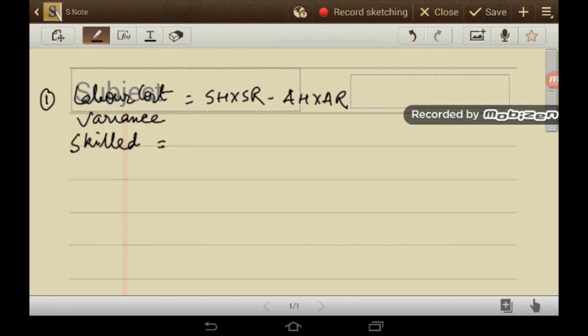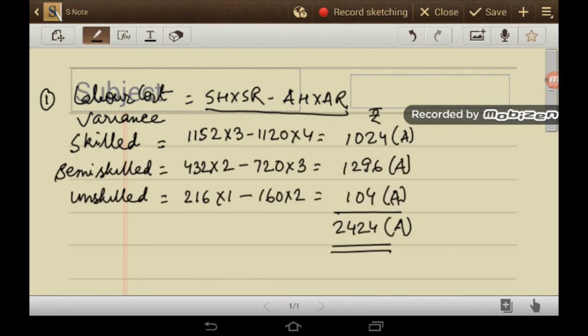First is labor cost variance. This is the formula for labor cost variance. Standard hour into standard rate minus actual hour into actual rate. So for skilled, ₹1024 adverse. So we are calculating a cost variance.